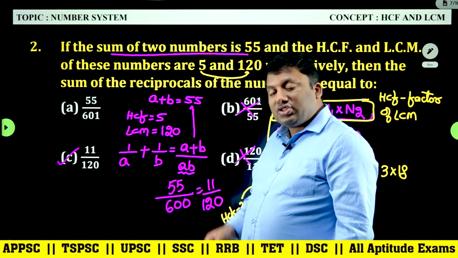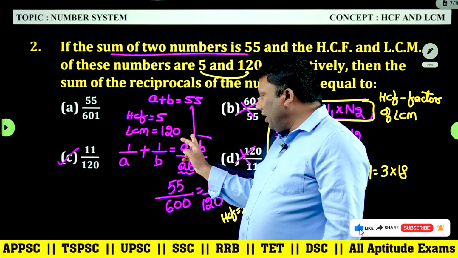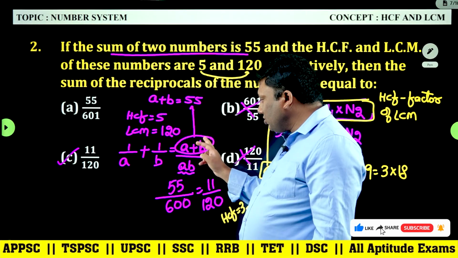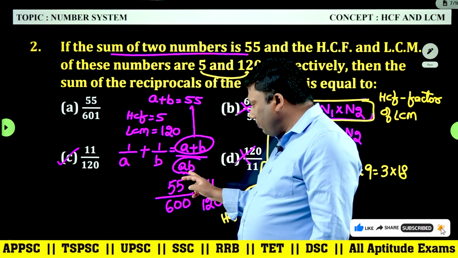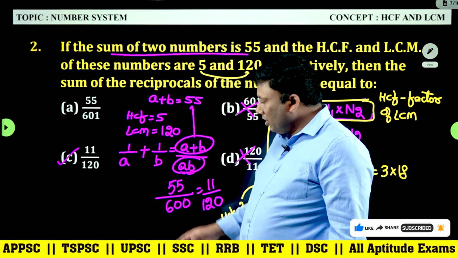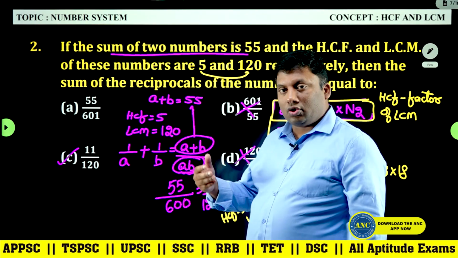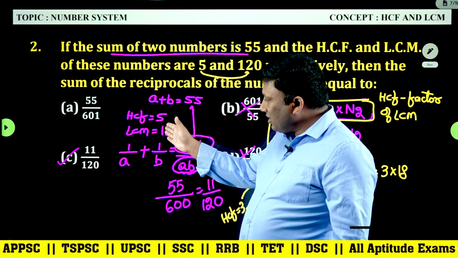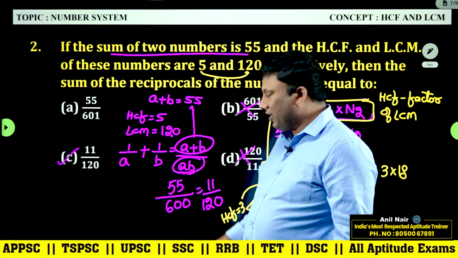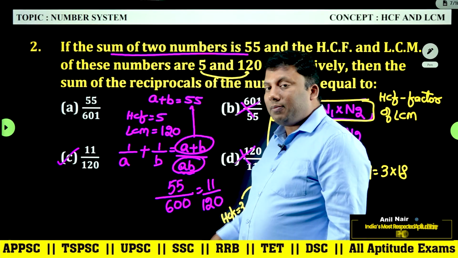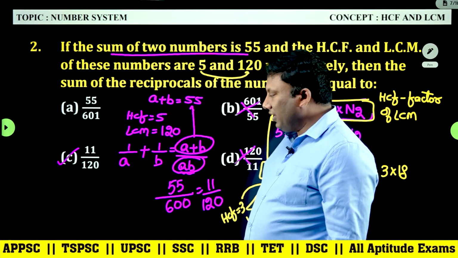How, sir? Simple observation. The numerator is the sum of the numbers. The denominator is the product of the numbers. LCM is 120 and HCF is 5, so the numbers should be multiples of 5.